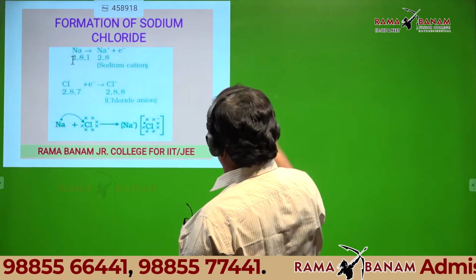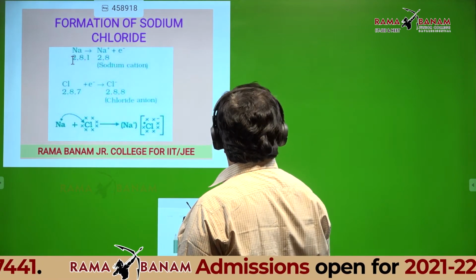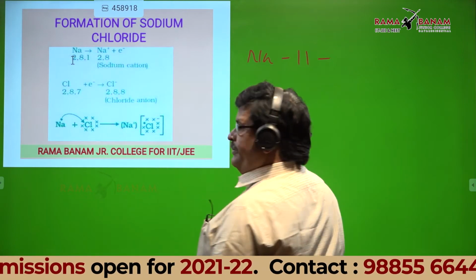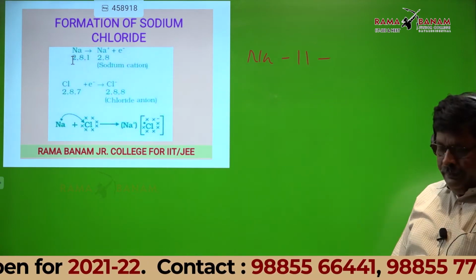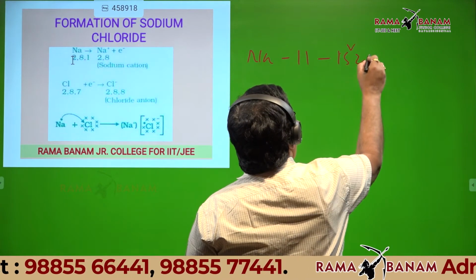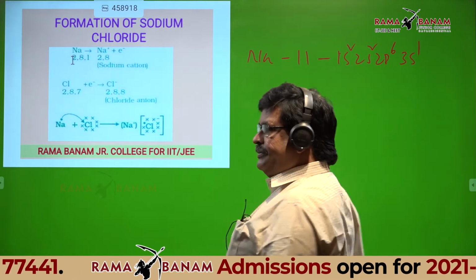See, sodium atomic number is 11 and its electronic configuration is 1s2, 2s2, 2p6, 3s1.